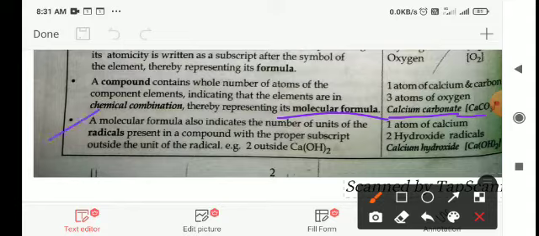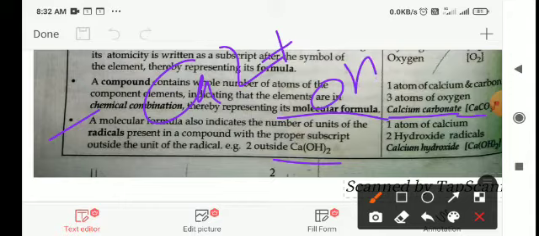A molecular formula also indicates the number of units of radicals present. It tells us how many radicals are present in a molecule, positive radicals or negative radicals. For example, in calcium hydroxide, there will be a Ca2 plus calcium positive radical and 2 OH minus negative radicals present.